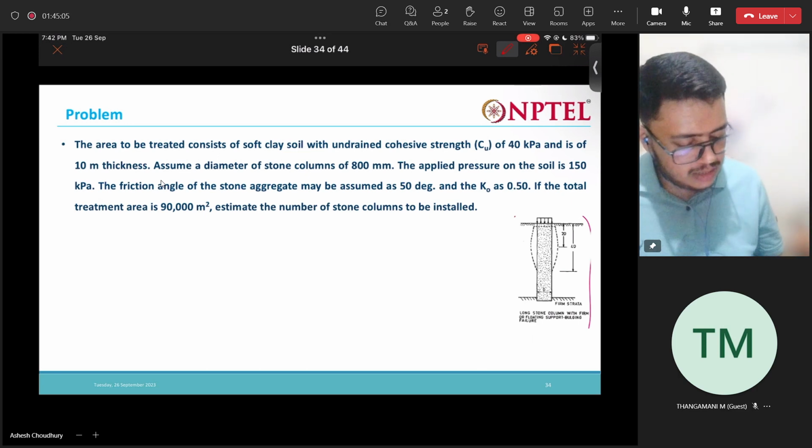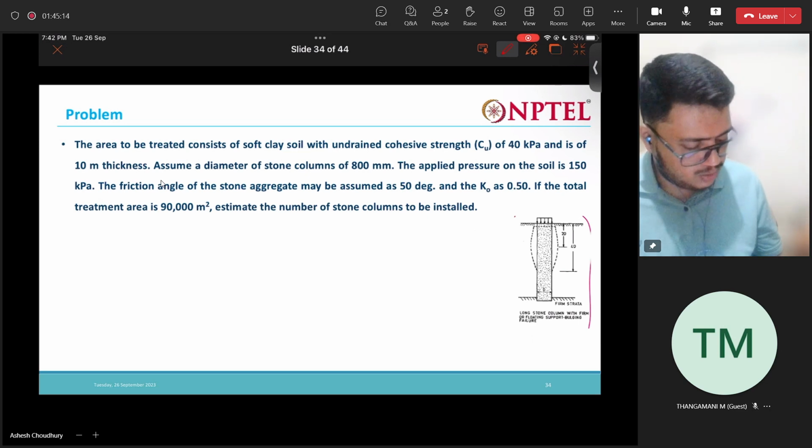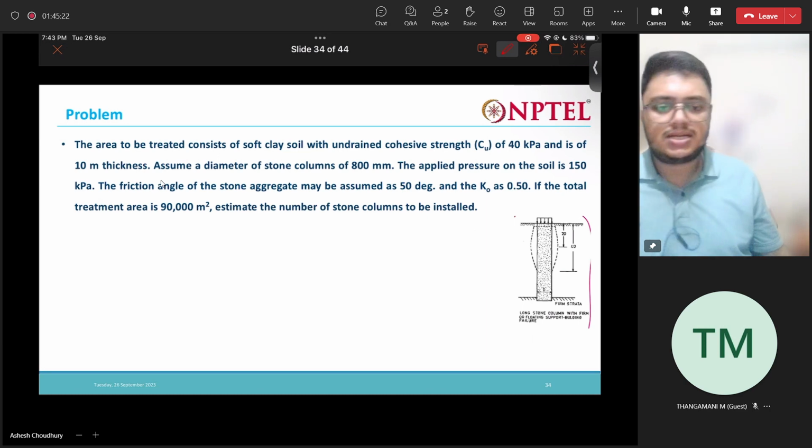The assumed diameter of stone columns is 800 mm. The applied pressure on the soil is 150 kPa. Friction angle of the stone aggregate may be assumed as 50 degree, K naught as 0.5. The total treatment area is 90,000 meters square. Estimated number is 2. So let us see how to solve this.